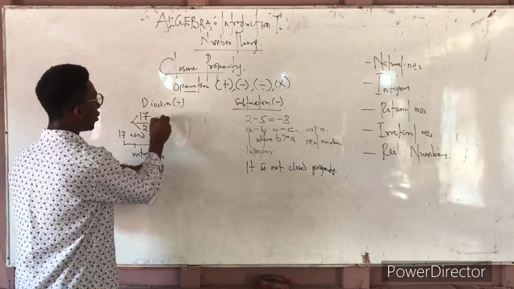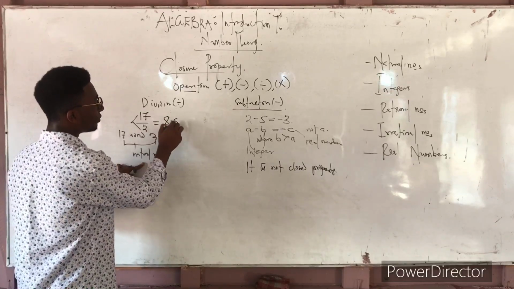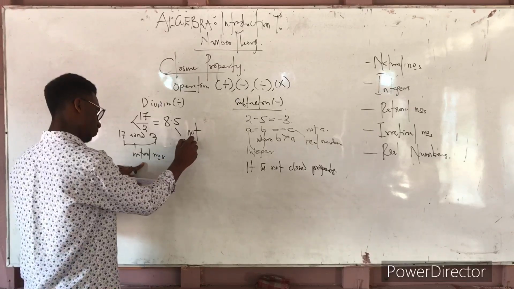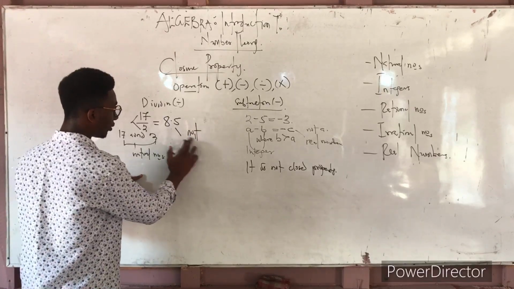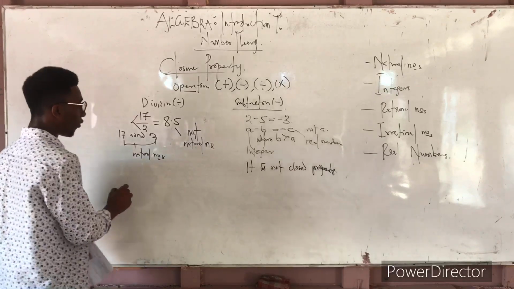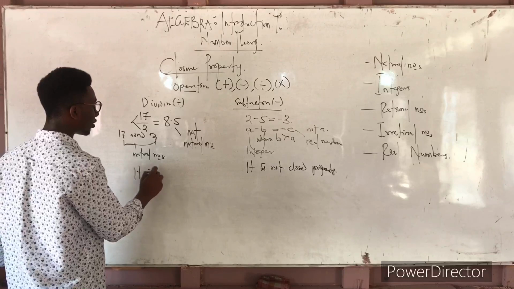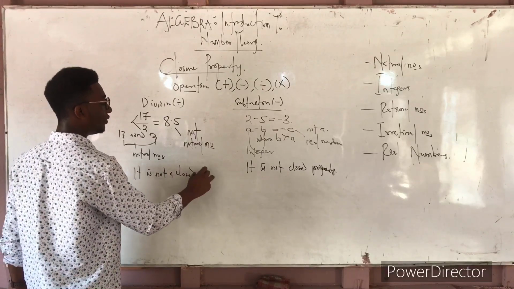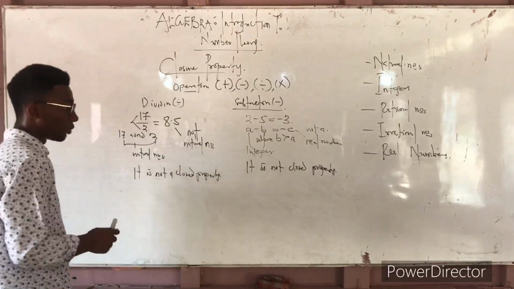But when I operate on them with division, I get 8.5. The 8.5 here is not a natural number. Therefore, division is not a closed property.